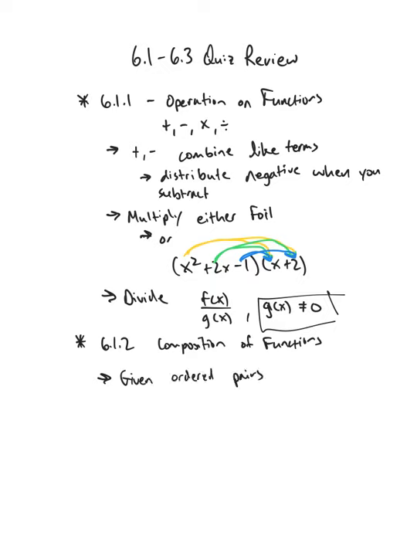The examples there were like, you had f of x equals blah, blah, blah, a bunch of ordered pairs. G of x equals blah, blah, blah, a bunch of ordered pairs. And you should be able to look at those x and y values and do composition that way.